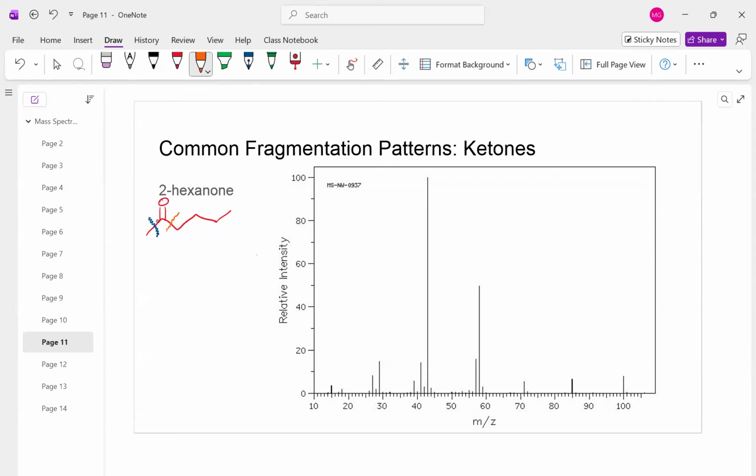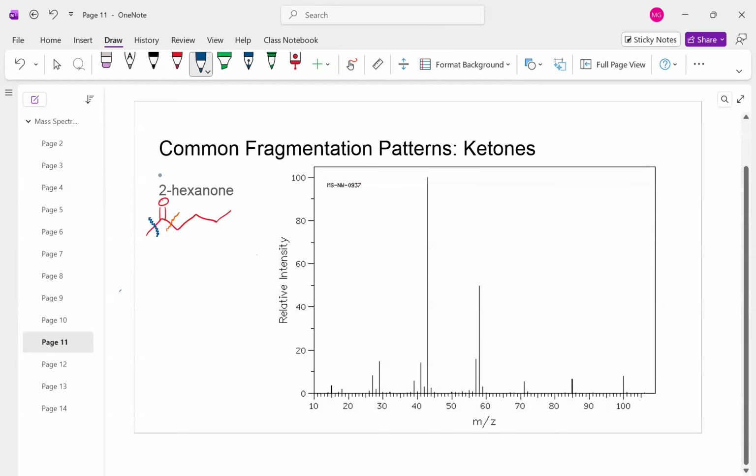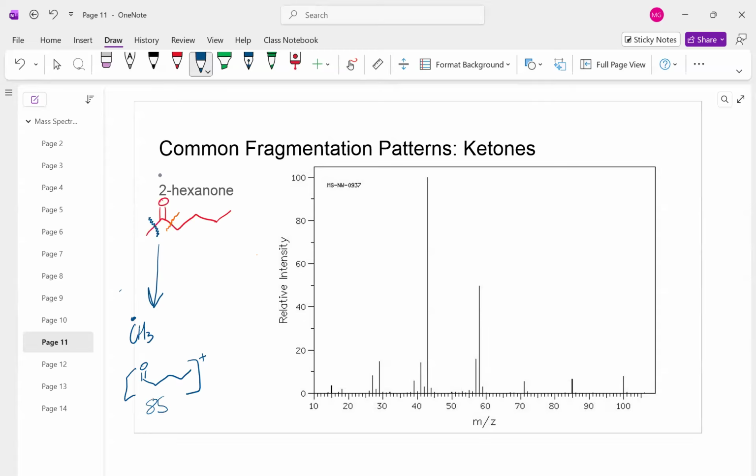So if we look at what would happen if I did the blue pathway, if I break off that first carbon, I would get a methyl radical, which we don't see. And then we would get this cation. And if I just quickly added up the masses of all of that, that would be a mass of 85.